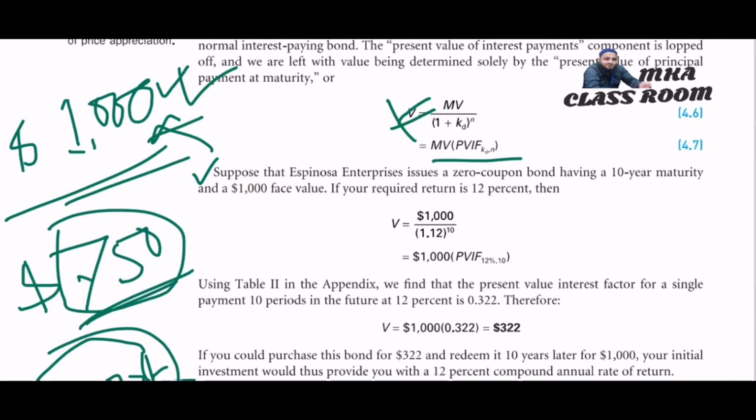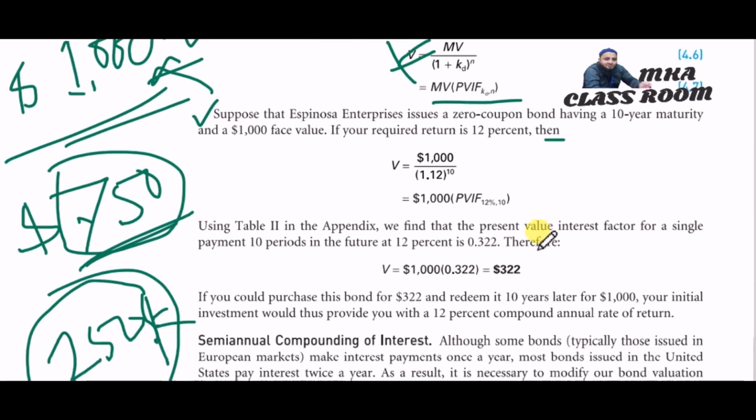Suppose Hispanicia Enterprise issues a zero coupon bond having 10 year maturity and 1000 face value. If your required rate of return is 12%, then the value should be found using the table. You can get this table from your Google Classroom, MKA Classroom. We have uploaded financial tables, so you can download them from there.